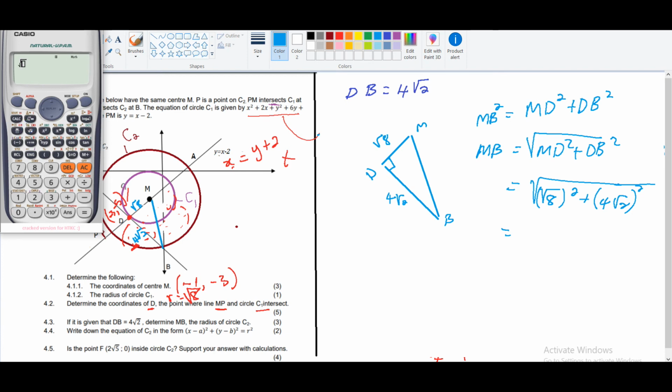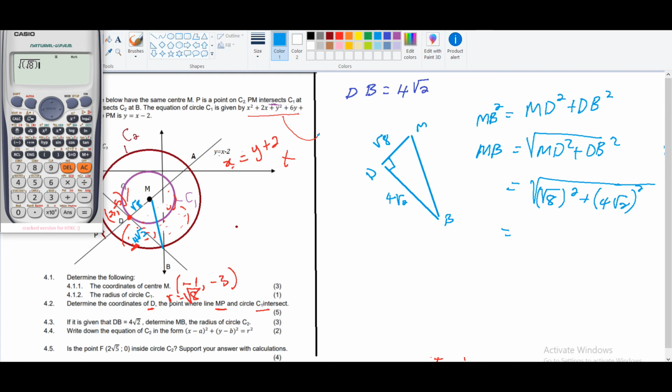Please make sure you put in brackets whatever you write, because many learners lose marks since they have a problem punching the calculator. So the small square root is under bracket: square root of 8, and then close your bracket.